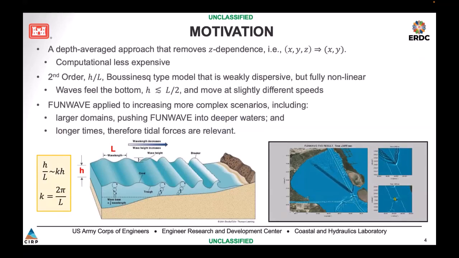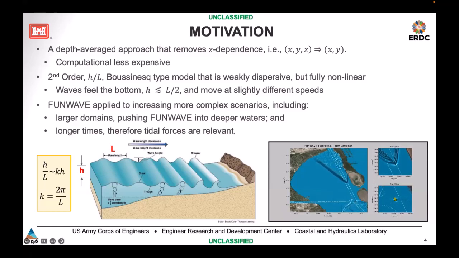This reduces the computational complexity. Secondly, Funwave is a second order Boussinesq type equation, which is weakly dispersive but fully nonlinear. What this means is that physically these waves feel the bottom, and thus move at slightly different speeds. So the waves spread out and disperse, hence weakly dispersive.